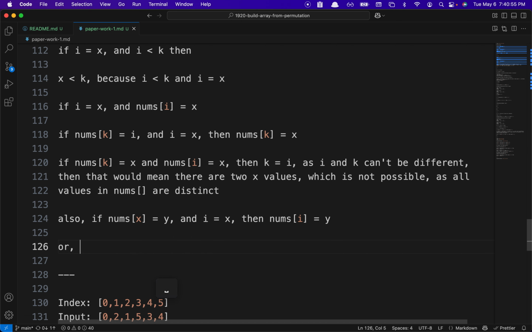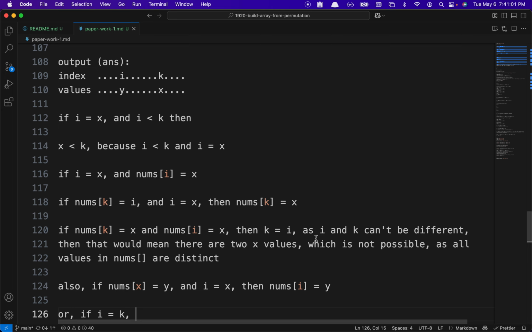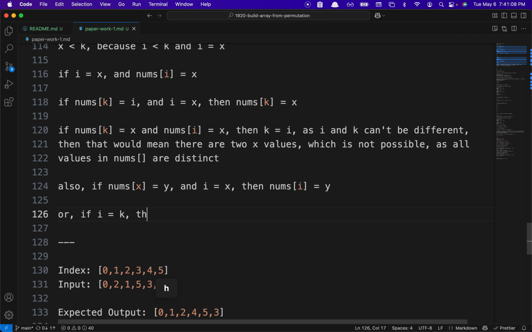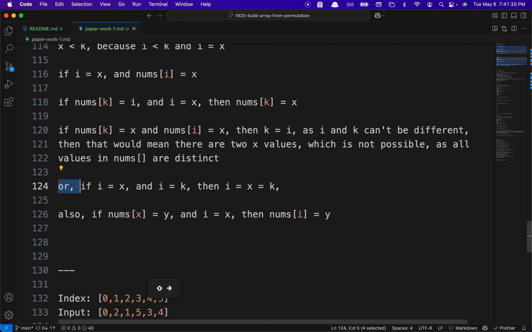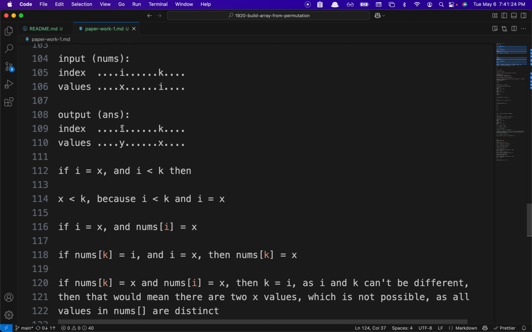Or if i equal to k, then i equal to x equal to k. These are all the same: i, x, k.